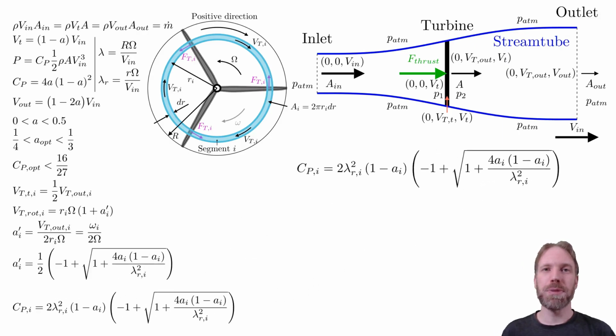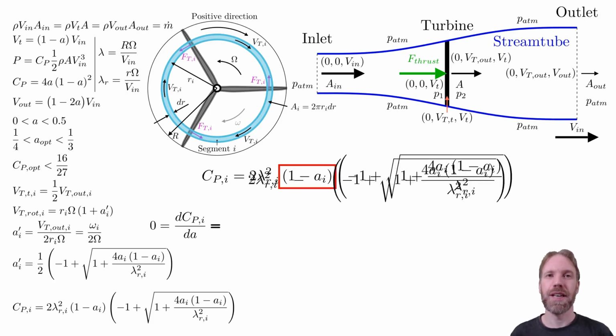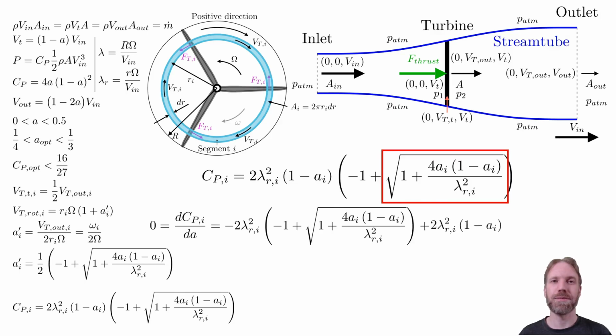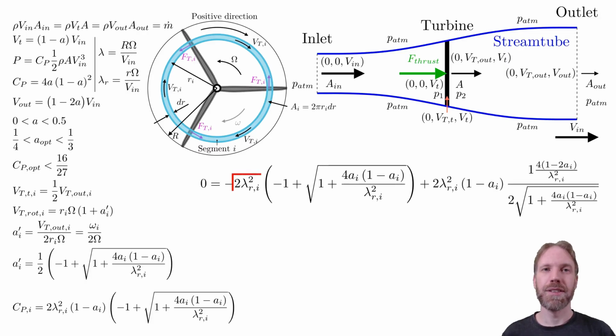Let us find the optimal power coefficient for this segment. Same as for the Betz theory, we differentiate with respect to the axial induction factor. Use the product rule combined with the chain rule for the second term. Multiply by inner derivative. Two lambda squared cancels.